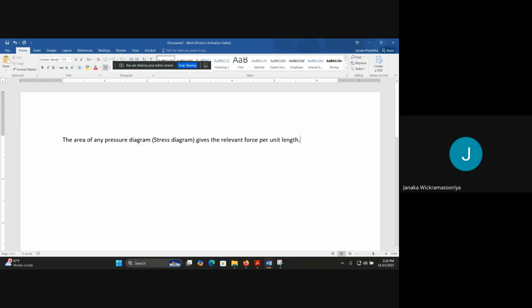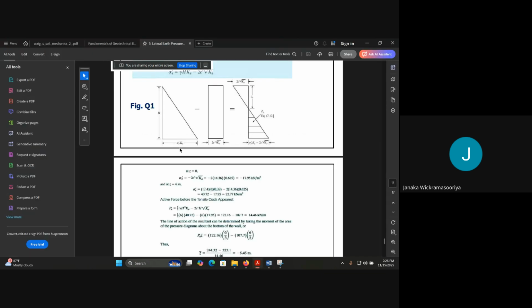The area of any pressure diagram gives us the relevant force per unit length. That means this area gives us the relevant force per unit length.